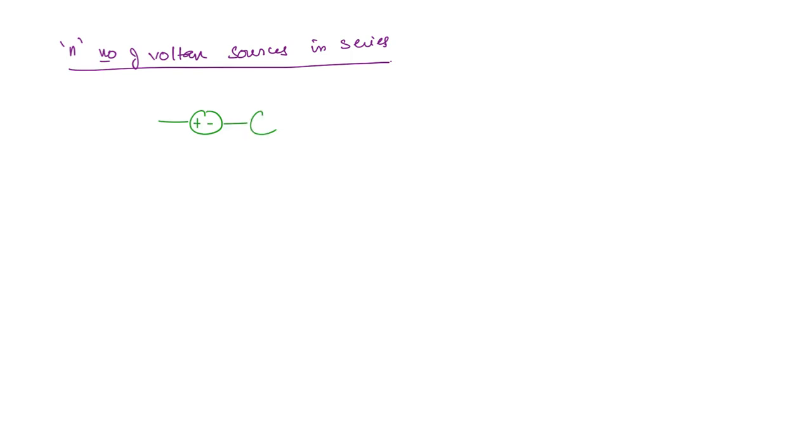In general, if you take n voltage sources in series, with the appropriate polarity, V equivalent is simply the algebraic sum of V1 through Vn. Parallel we don't have to discuss, because any number of identical voltage sources in parallel gives the same result.